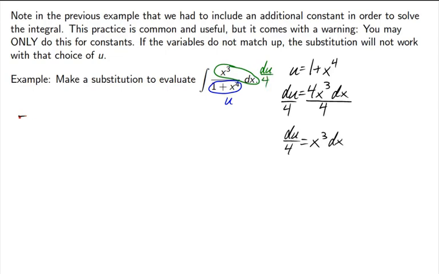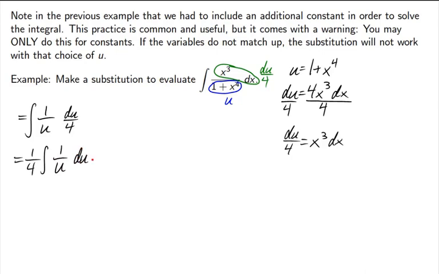Now let's make our substitution. Just like last time, the u is in the denominator, and it will stay in the denominator, which I wrote as 1 over u earlier. And then we get du over 4. Now this will be the last time I do an integral this way, where I go ahead and put the over part. From now on, I'll just go ahead and write the 1/4 in front to make this process a little bit easier.